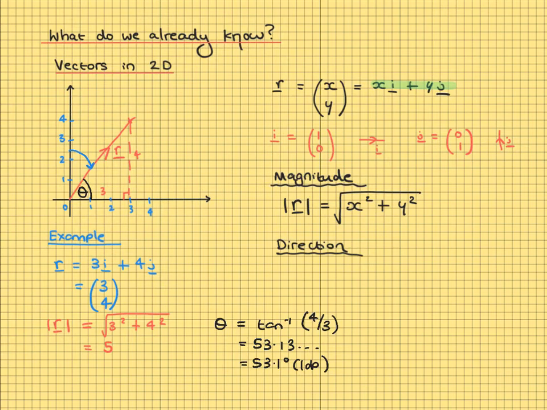So as long as we're clear about what angle is used to define our vector, we can provide different ways of doing this. So to provide the direction of a vector, we find an appropriate angle or bearing.